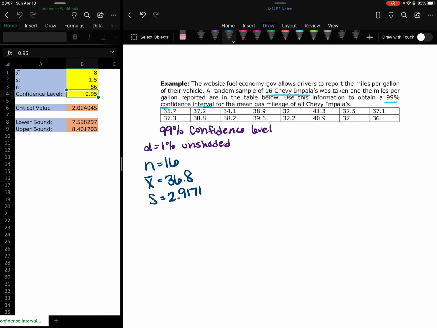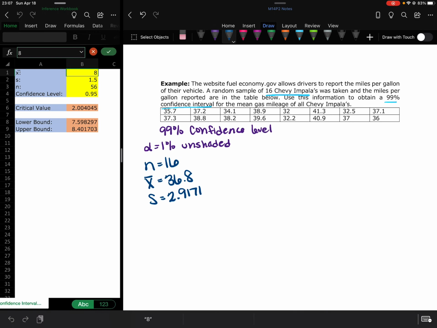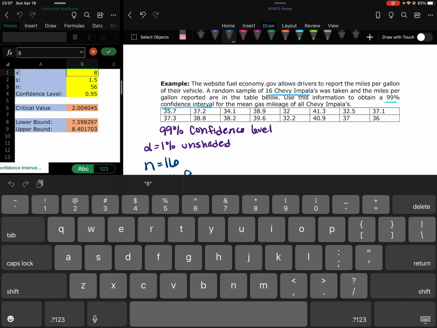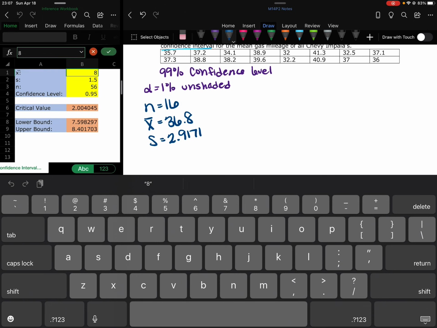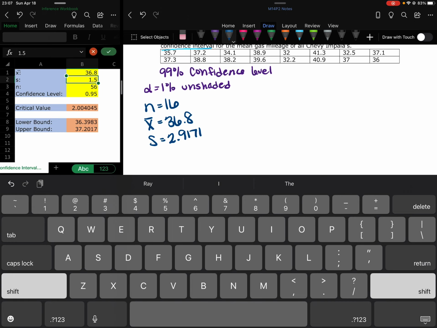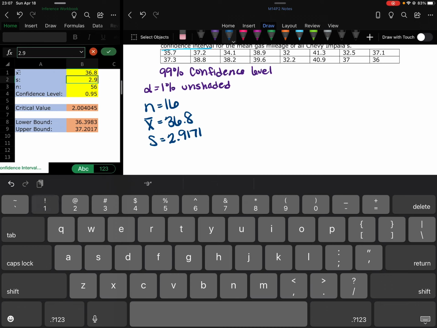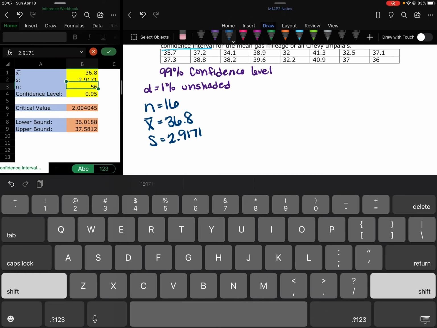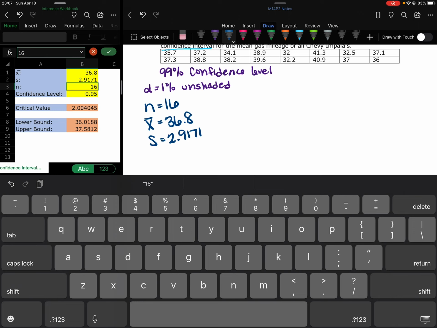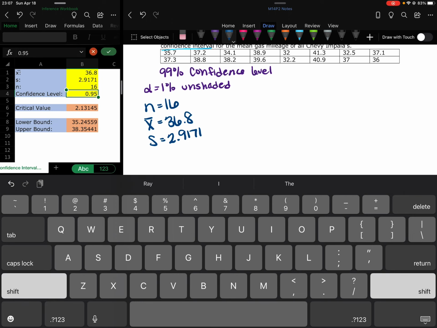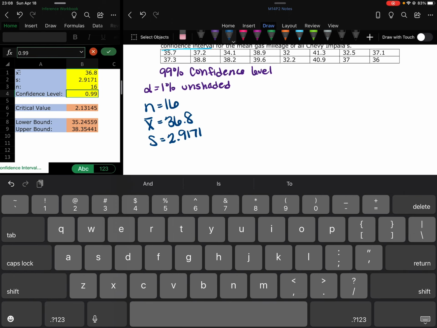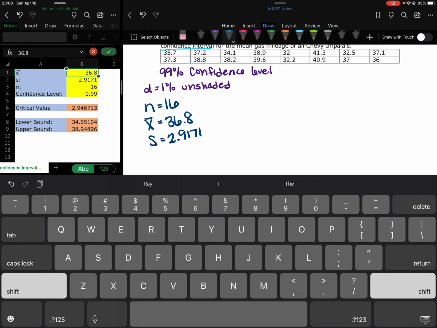So now I have my Excel workbook and I would say, okay, we have a sample mean of 36.8. Our S is 2.9171. Our N is 16. And our confidence level is 0.99.